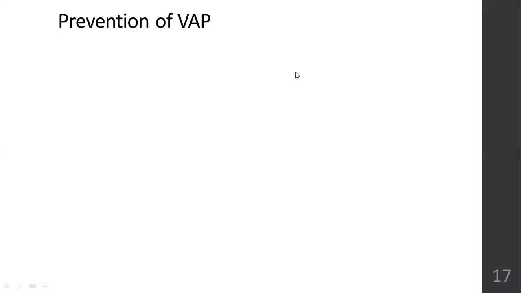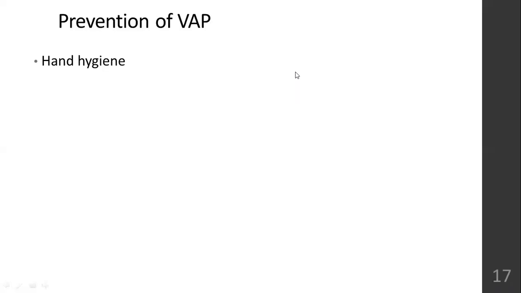Age, elderly patients, and those who already have other disease conditions like pulmonary tuberculosis, any respiratory issues, cardiac issues, peptic ulcer, gastric issues, regurgitation issues. A person who has a lot of comorbidities is also at risk of developing ventilator-associated pneumonia.